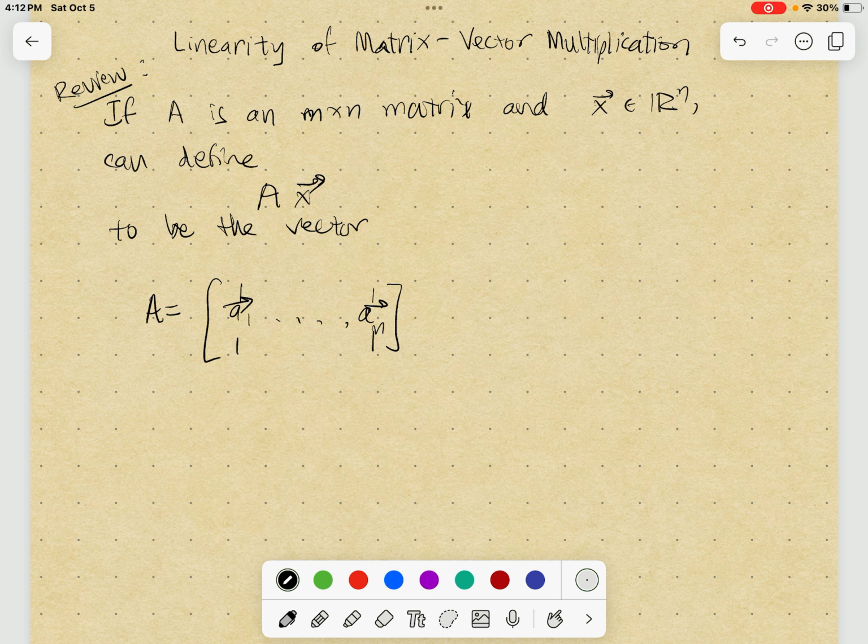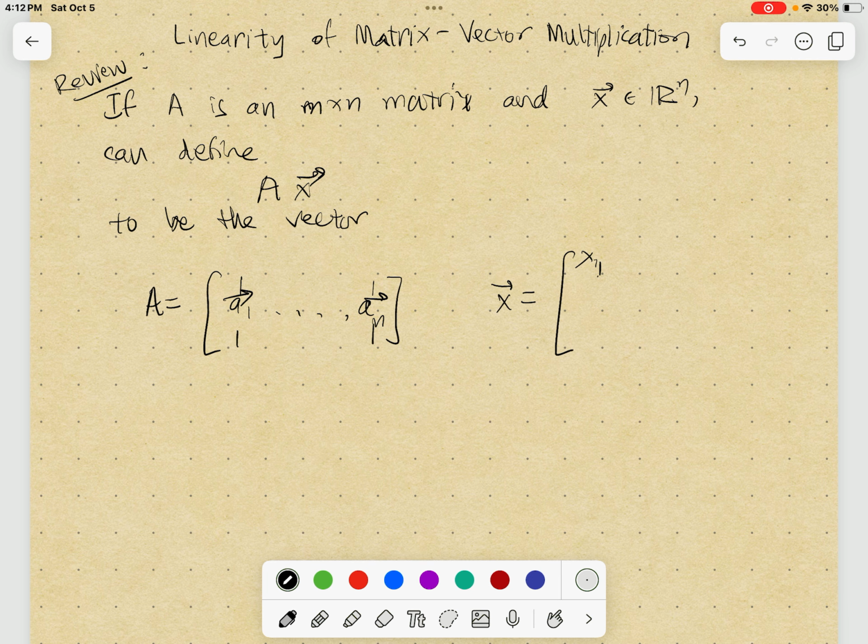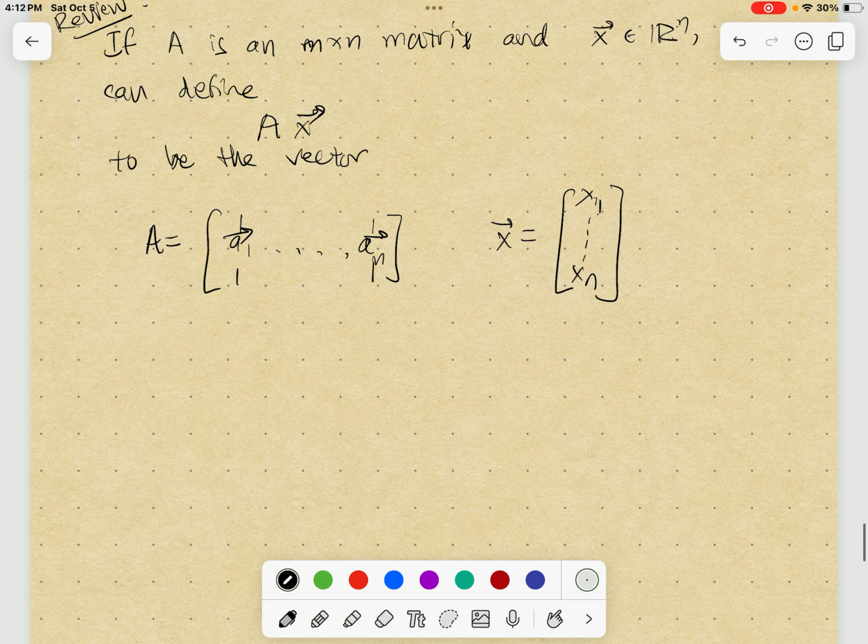And then when you take x, let's say its components are x1 through xn, we define this to be the vector x1a1 plus x2a2 plus dot dot dot plus xn an, right? So this is where a is this and x is that.